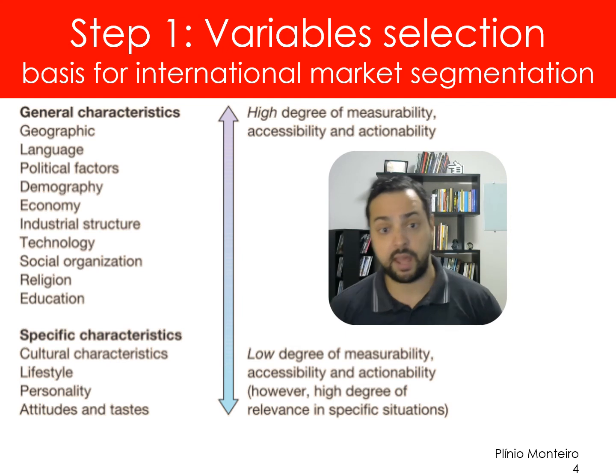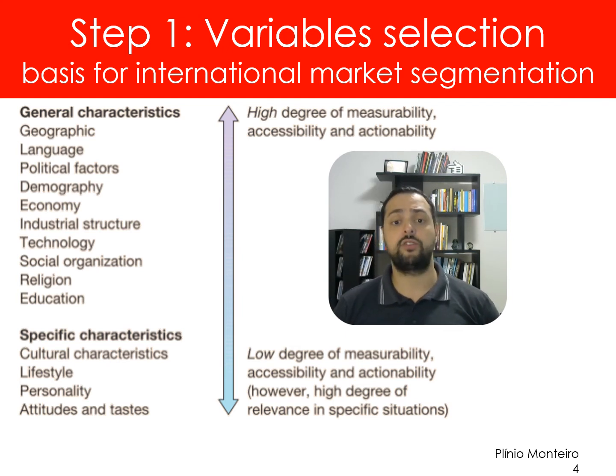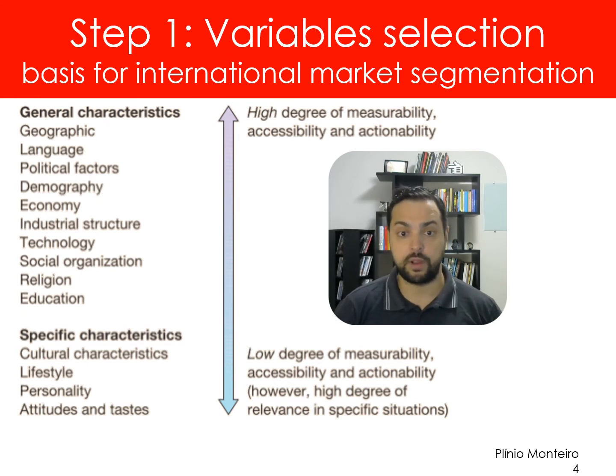So which factors can you use when you move to general characteristics? Like geographic characteristics: in the north, in the south, a region in the world, the language that they speak, you can use that as a variable. Political factors like the form of the political system and how long the president or the leader has been in the government.